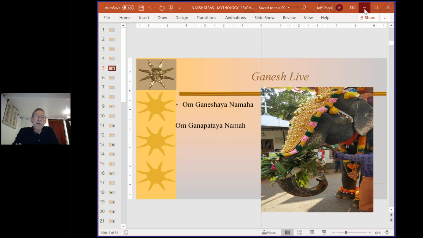And so Bharani, being ruled by Yama, the god of death, has the power to take things away from you. Its basis above is the removal of life from the body. That's the ultimate thing. It takes you out of the body when life is done. And its basis below is the carrying of the soul to the realm of the ancestors.